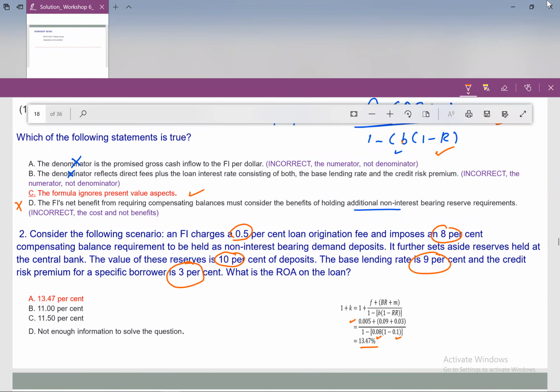There is a question here. Sir, no option available. Oh, sorry, we have a question. This is the risk premium, 3%.